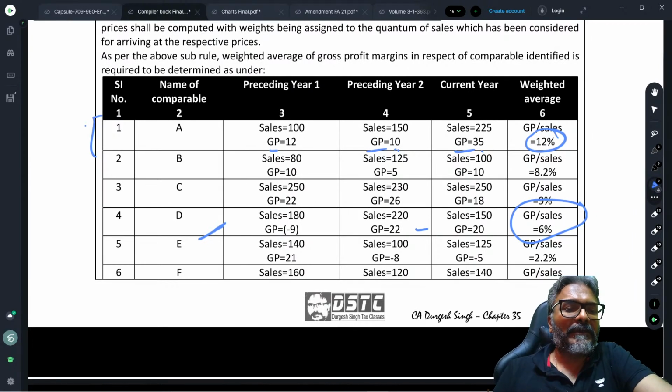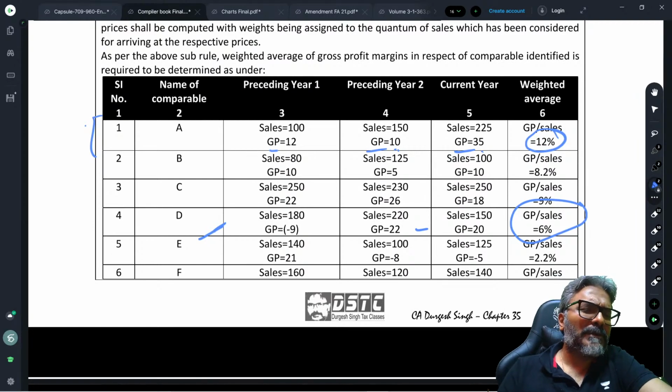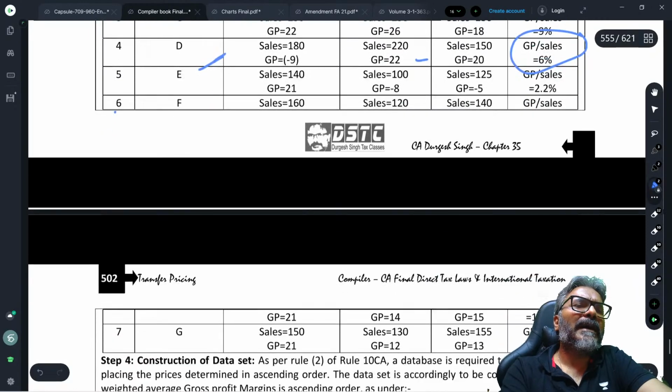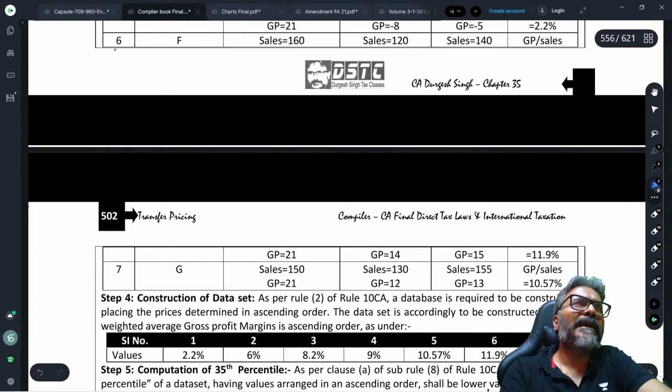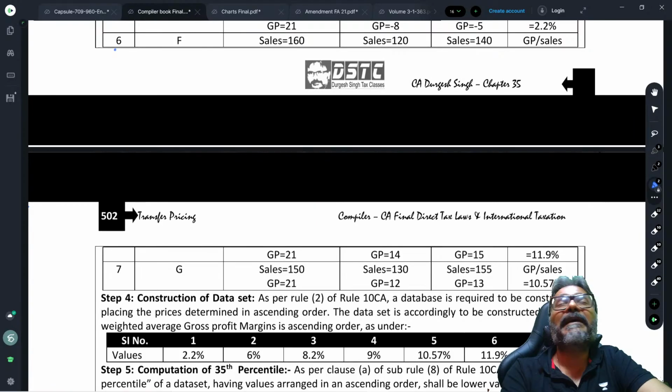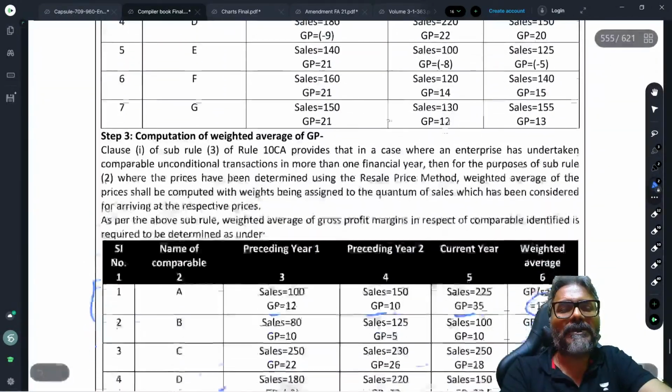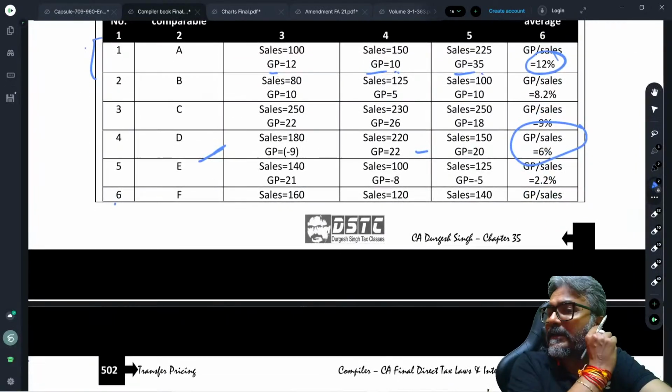Did you all get this one? Now let's take the discussion further. That way, students, you have to do the weighted average. Add all the margin and add all the sales, and thereafter the aggregate margin divided by aggregate sales should give you the percentage. Now, students, you have got all the margin percentages.